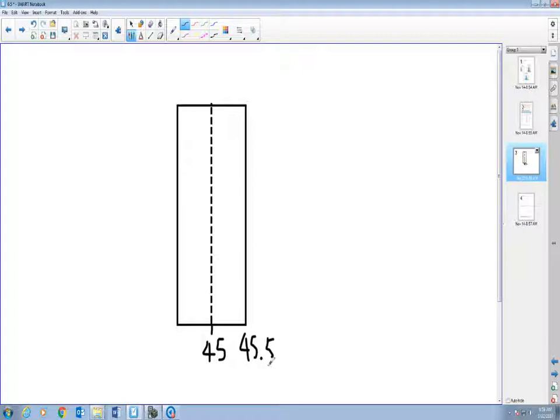Okay, that makes sense, because greater than 45 means you do not include 45. So that means you do not include the area of the half of that rectangle where the 45 belongs to. So we're going to come out to this line, 45.5, to the right.